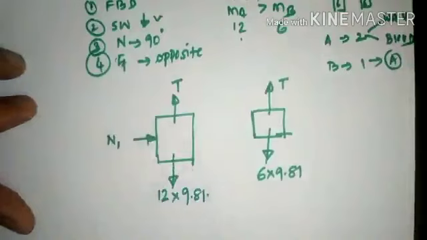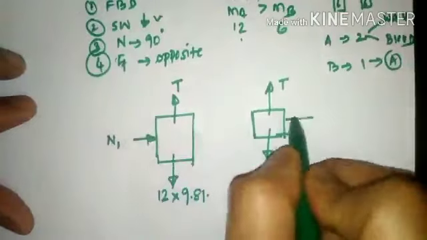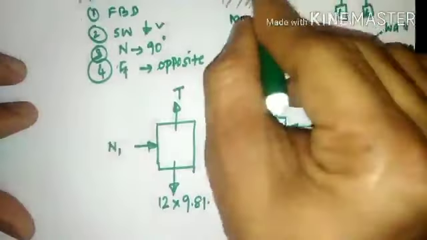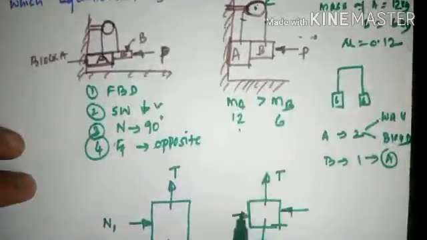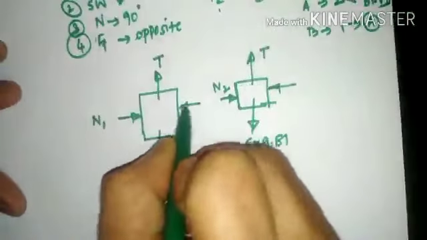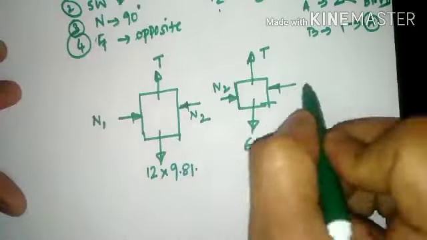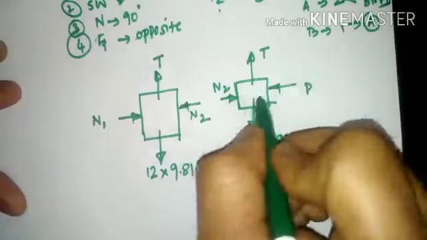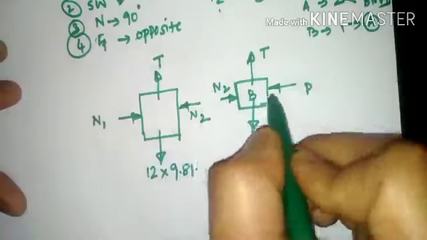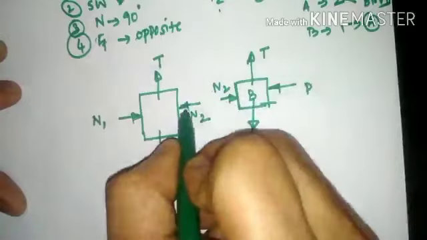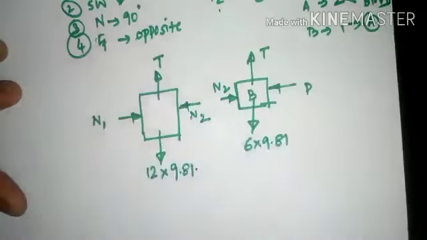N1. Further, there is a contact surface between block A and block B, which will offer a reaction component called N2, and N2 will be further transferred here in the inward direction. So P will offer a reaction component on block B towards the left hand side. Reaction will be towards the right hand side. Equal and opposite force will be towards the left hand side, and N1 will be pushed towards the right hand side.